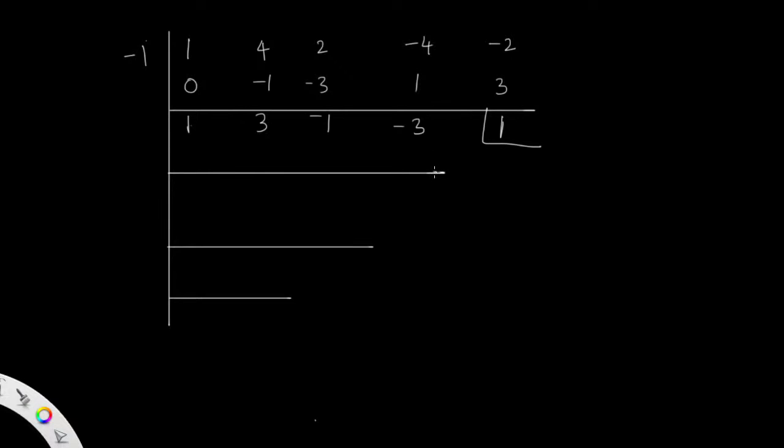Up to this is closed. Then again we start with 1, 1 into minus 1 is minus 1, 3 minus 1 is 2, 2 into minus 1 is minus 2, then minus 3 into minus 1 is 3, then here it becomes 0.